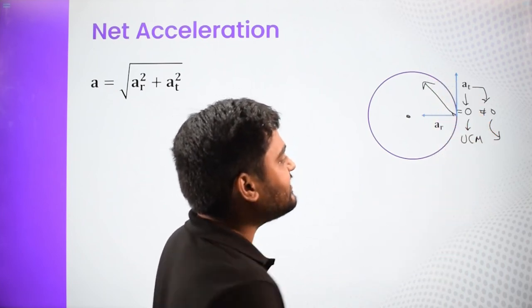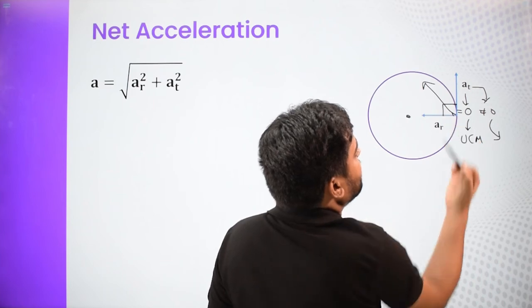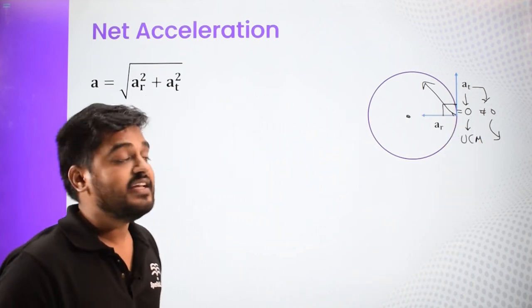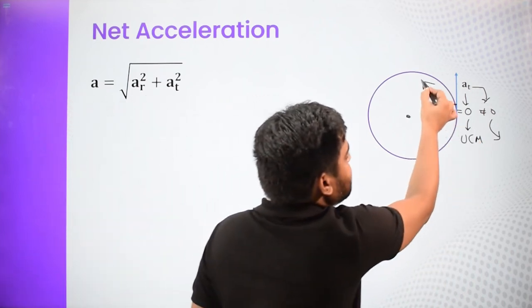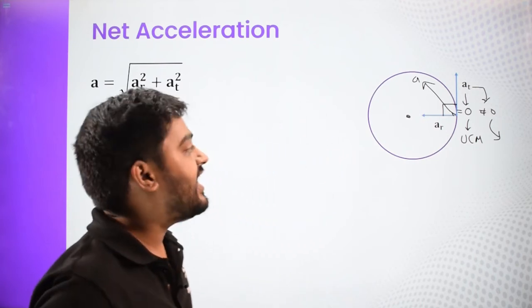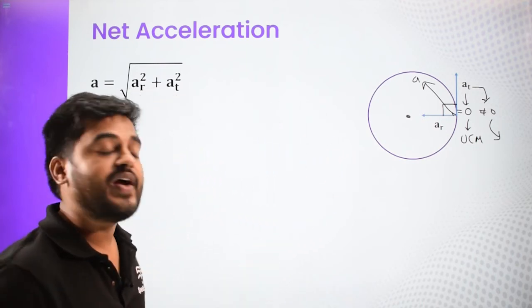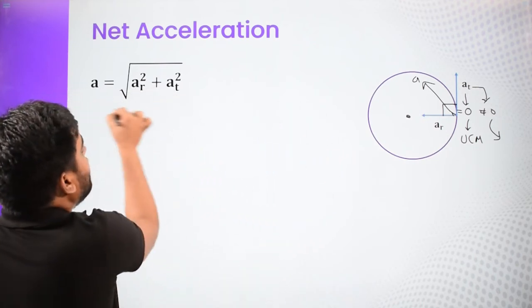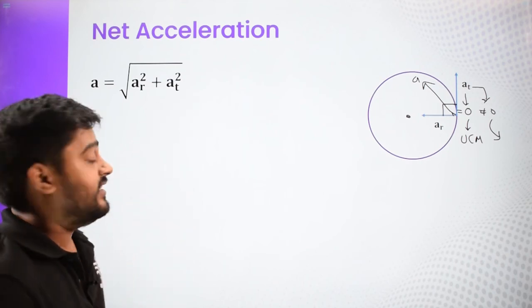Since the angle between AT and AR is always 90 degrees, we can directly use the Pythagoras theorem to add these two vectors. So the net acceleration is given by under root AR square plus AT square.